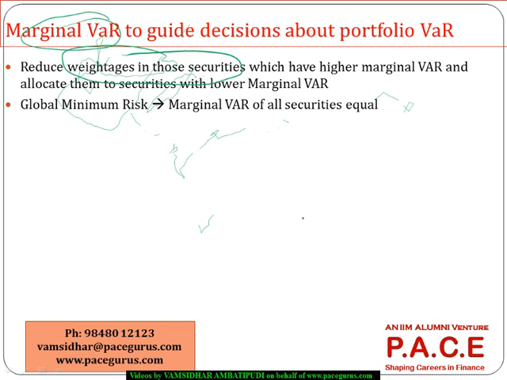If not the minimum most, probably I can try playing around with my overall portfolio VAR, reduce my overall portfolio value at risk by trying to pull out some position from that particular security whose marginal VAR is higher and invest in that position whose marginal VAR is lower. That is one more dimension that we need to focus upon.